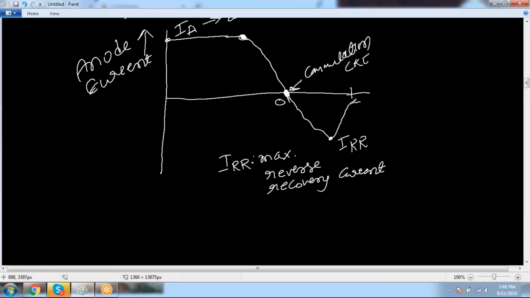Now, what is this one? It is 25% of IRR. No need to take it up to zero value, because the minority charge carriers will not come to zero. This is 25% of IRR. This period is called TRR.